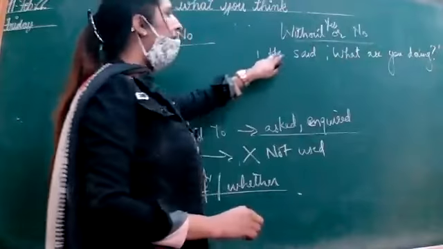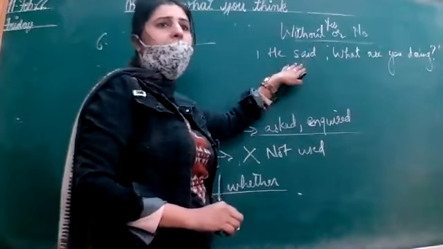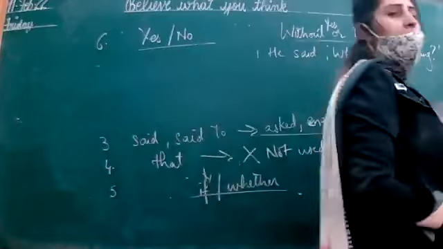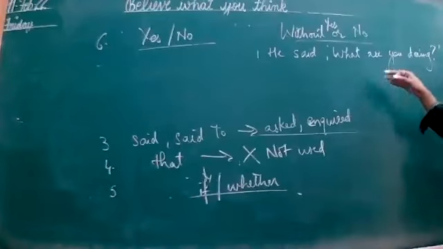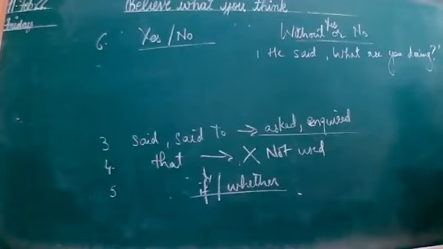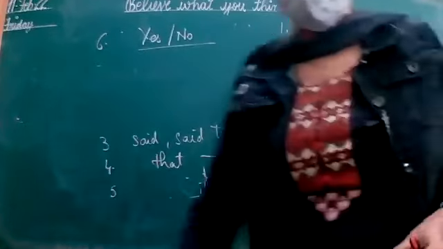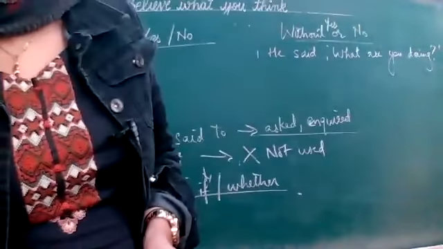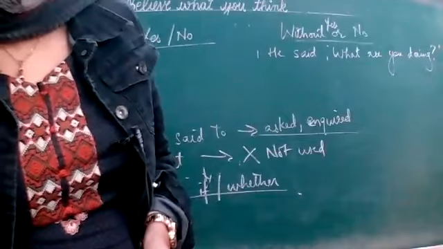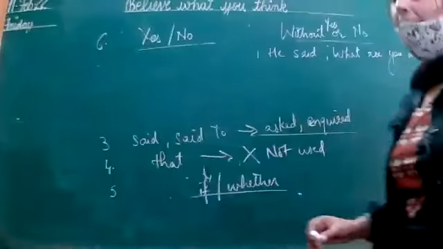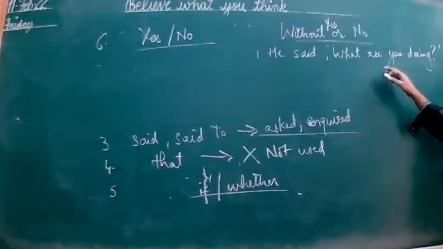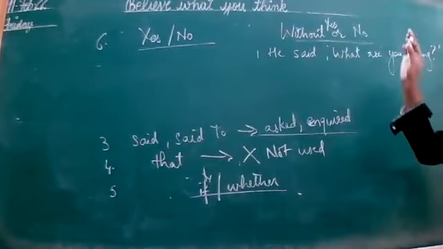Now see here, what are you doing? Here we are not expecting an answer in yes or no. So what answer is expected here? We will say, I am writing in the notebook, I am doing my work. So we are not expecting an answer in yes or no for these.